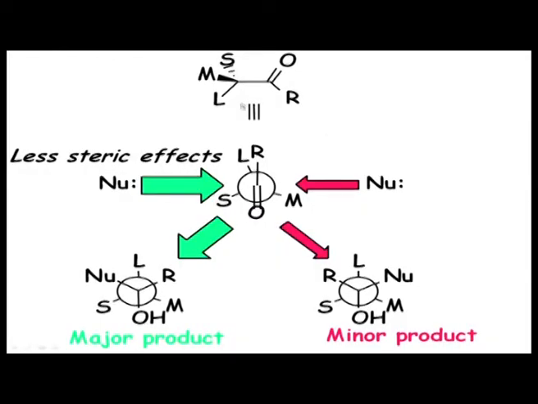So, this was my compound, and if you try to draw the correct Newman projection, keeping the carbonyl flanked between the small and the medium, you should not make any mistake about which side will be S and which side will be M. The way to do it is that the carbonyl is actually the front carbon.